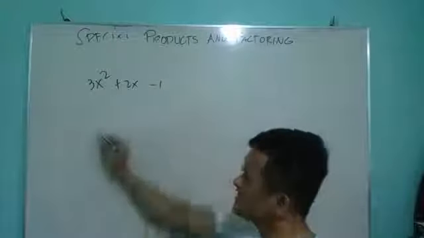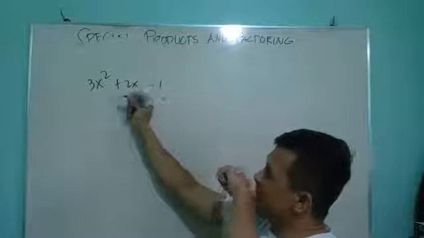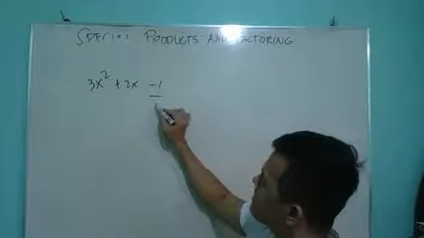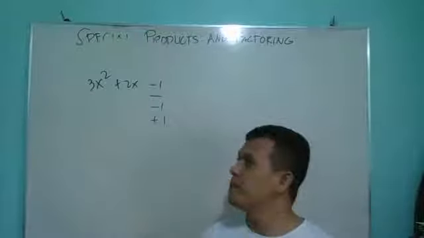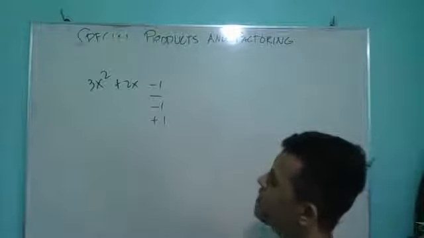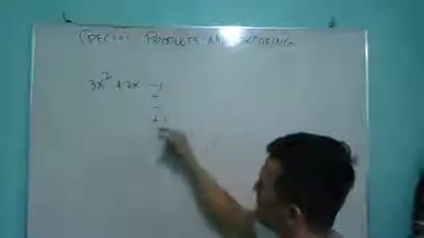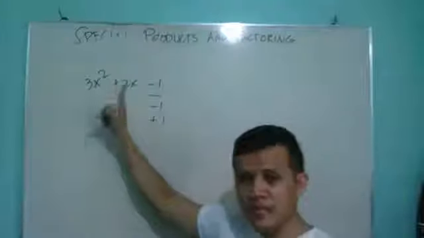If you have this one, again, factors of the first and the last. The last would be negative 1 and positive 1, right? One of the factors must be negative and one positive. Next. Earlier, I just asked you to add these, and if it equals the middle term, that's it.